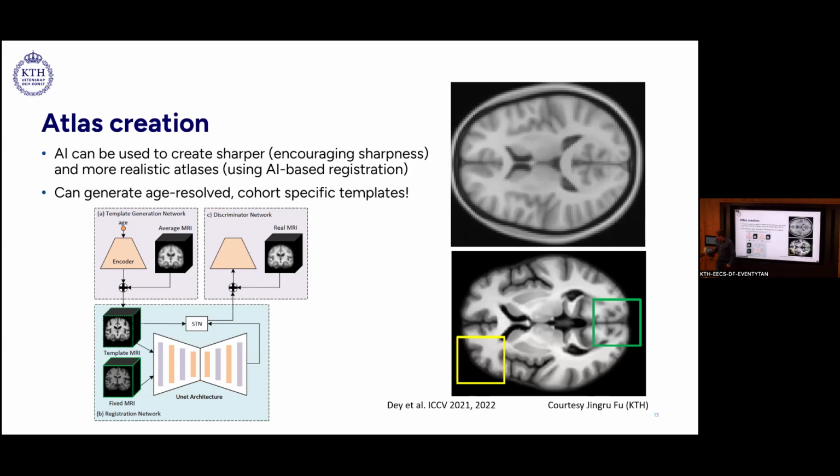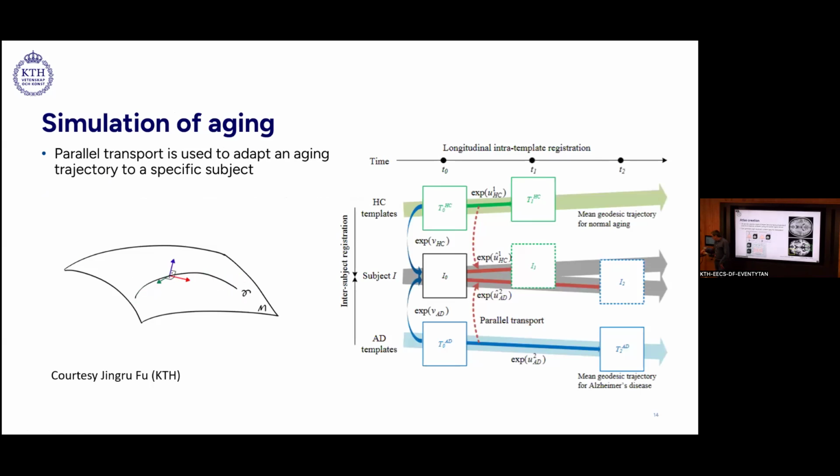This is the MRI template. And we had a loss in the AI to encourage sharpness, so that's why you can see that it's very sharp. But the main thing is that you have this age resolution as well. This was critical to get.